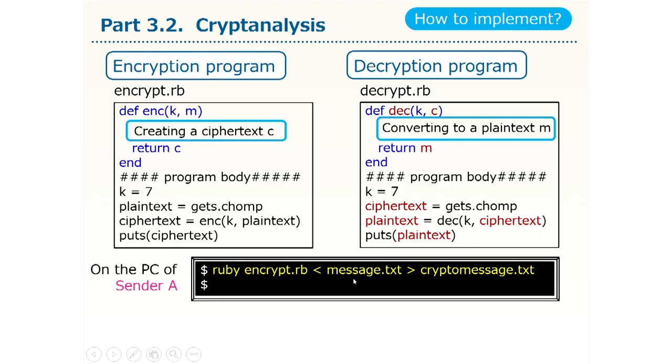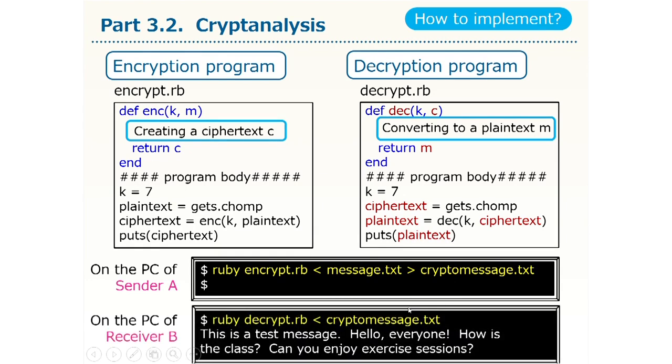As we studied in the earlier exercise, this can be done using redirection. So this is the execution of the program, and this program gets a message from this file, and then the output is put into this file. After receiving the file cryptomessage.txt, receiver B would use the program decrypt.rb to get the original message like this.